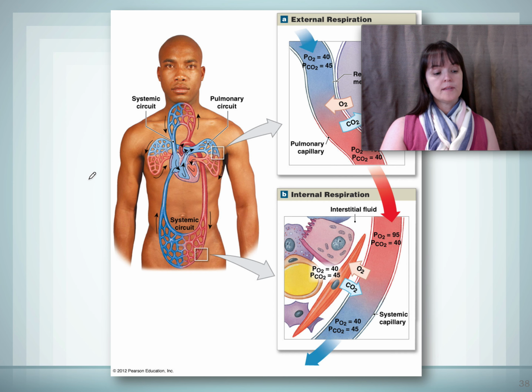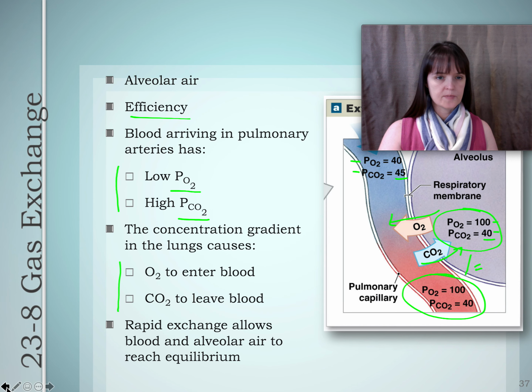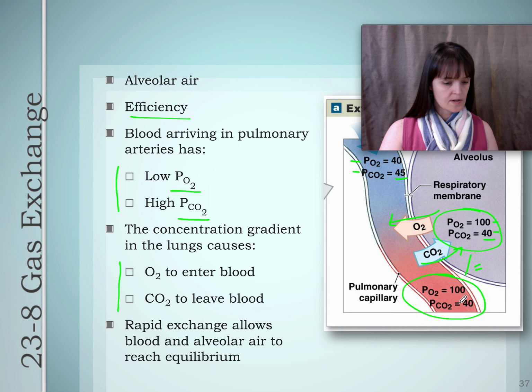By the time it reaches the pulmonary veins, the PO2 and the PCO2 are at equilibrium with alveolar air.